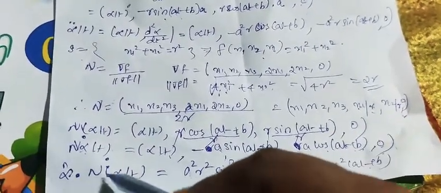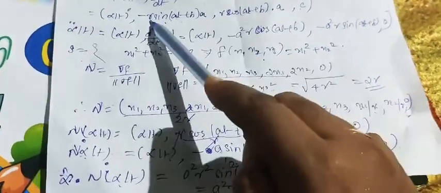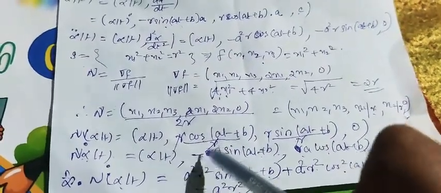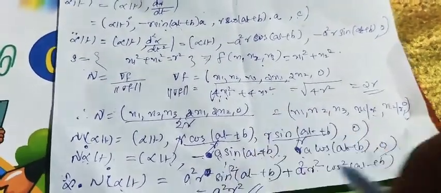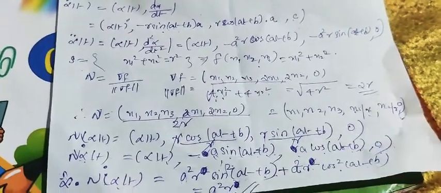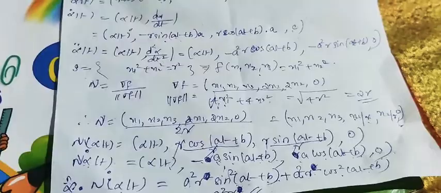So alpha dot n composition alpha of t: alpha dot is this one, so minus a r sin at plus b into minus a sin at plus b, that is positive. So that is a square r sin square of at plus b plus a square r cos square of at plus b, that is a square r. So alpha dot n composition alpha dot is a square r.